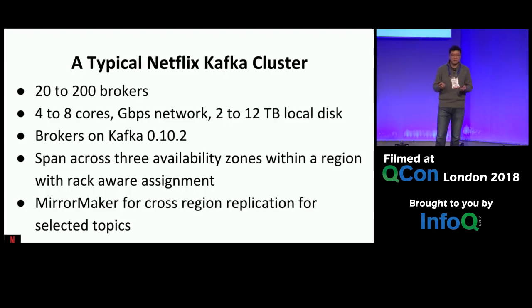So this is what a typical Kafka cluster looks like in Netflix. We have about 20 to 200 brokers in a cluster. Each broker instance will have 4 to 8 cores, gigabit network, and 2 to 12 terabytes of local disk. Our brokers currently operate on Kafka version 0.10.2, and we usually provision our Kafka cluster within one region, but we make sure that each Kafka cluster spans across 3 availability zones in AWS.